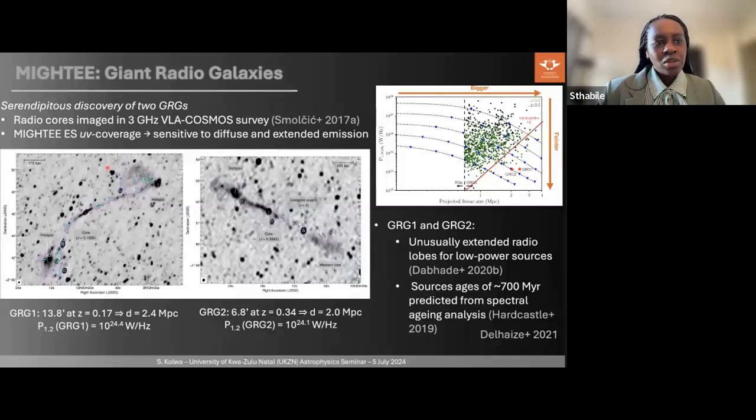Now, although the radio cores over here, as you see for both of these sources, are detectable in the VLA 3 gigahertz COSMOS survey, this extension of gas, or I should say this extension of plasma, right, ionized magnetized plasma, was not visible in the 3 gigahertz COSMOS images.